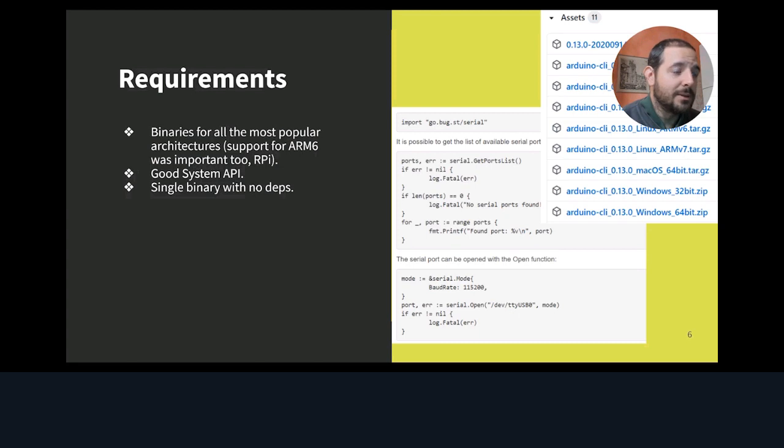So we are using a library developed by one of our colleagues in his spare time. It is a super useful library to manage serial ports, this library, go-bug-st serial, that really allows you to connect to a port, refresh the serial ports and see if they show up again.